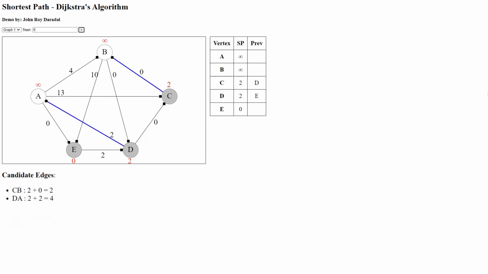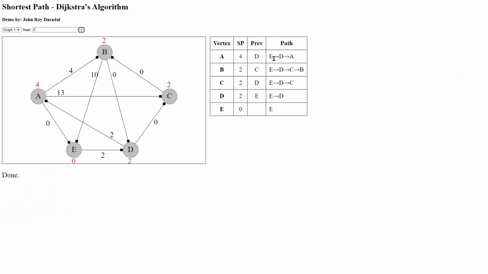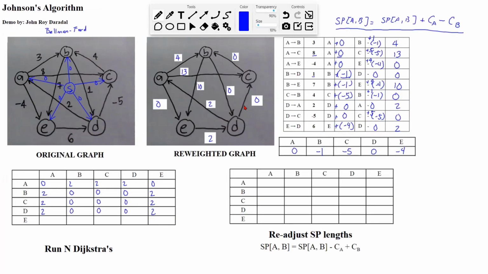After that you have CB winning with 2, so we'll relax that one. And then finally you have DA with 4, right? So A is actually 4. Okay, so this time it's 4 2 2 2 0 starting at E. Okay, so that's 4 2 2 2 0.